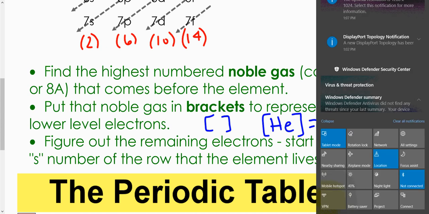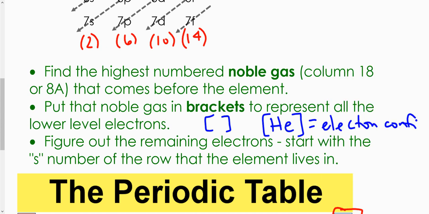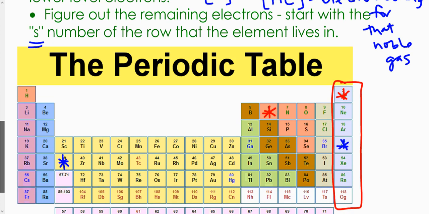Okay, so then to figure out the remaining electrons, you're going to start with the S sublevel for the row that the element lives in. So as I do a couple examples, this might make more sense.